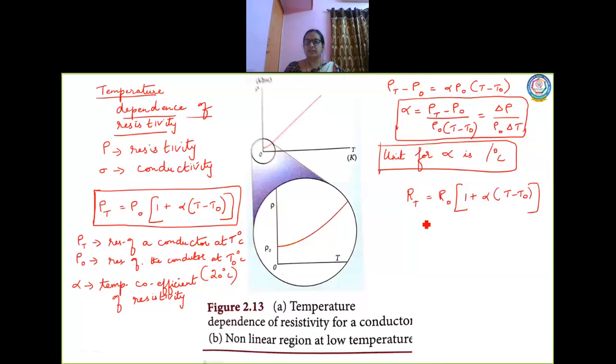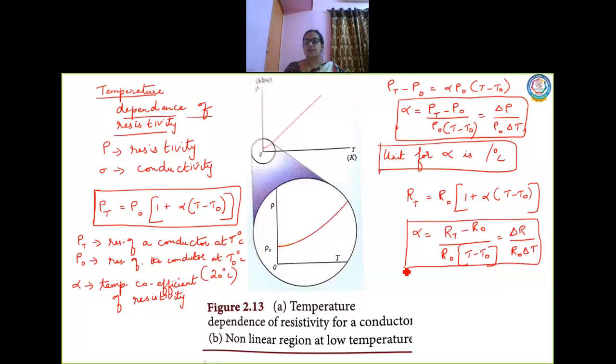Also, I can write alpha equal to RT minus R naught by R naught into T minus T naught. This is also equal to del R by R naught into del T. Now this is with respect to resistance. In terms of resistance I have given, and here is the equation which is in terms of resistivity. Okay, so these two are very important.